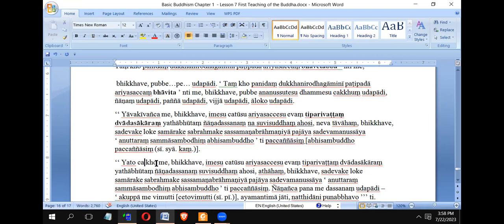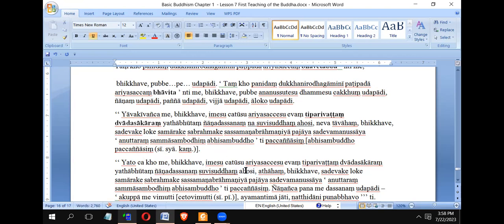Now you repeat: yato ca kho me bhikkhave. You notice the Pali also: imesu catusu ariyasaccesu evam tiparivattam dvadasakaram yathabhutam nanadassanam suvisuddham ahosi. Okay.